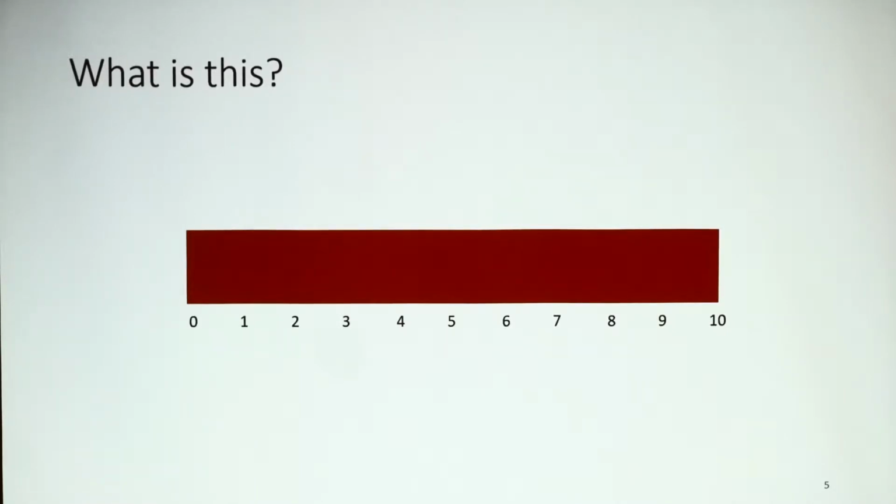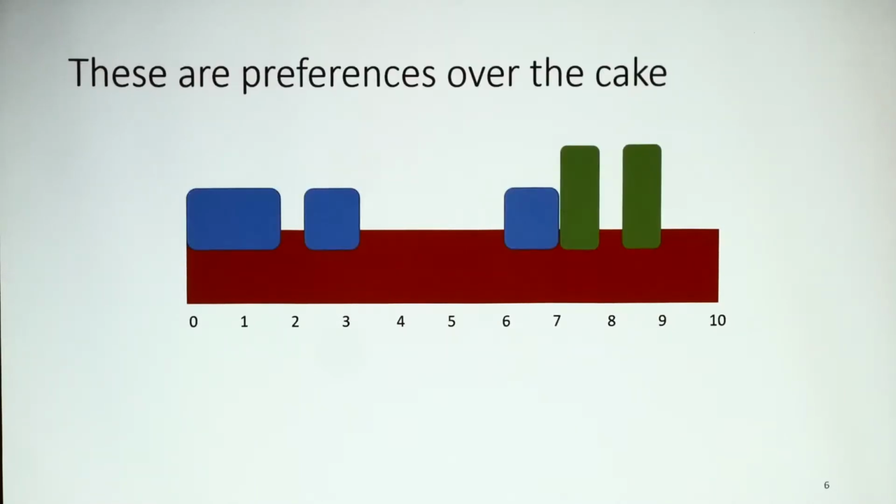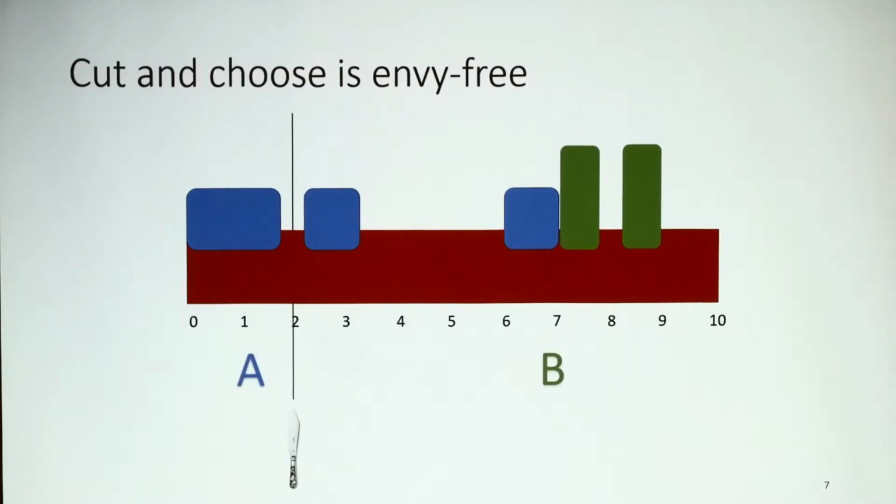So this is our cake. It's just an interval, as has been said earlier. People have preferences over the cake. For example, here the blue player values only the parts that have blue bits. The green player only values the green bits. And as has been said earlier, a way to divide the cake in an envy-free way is to just cut and choose.